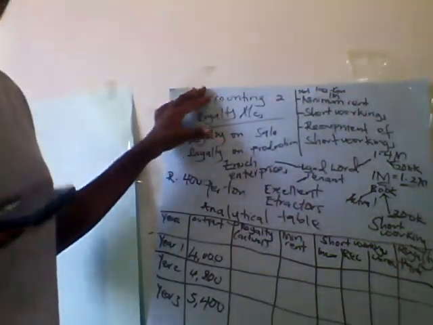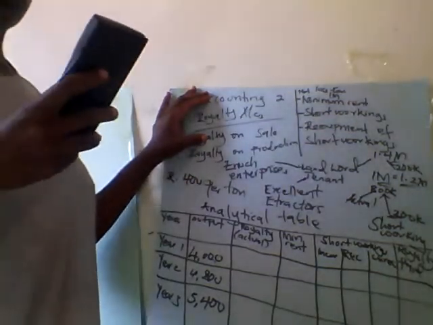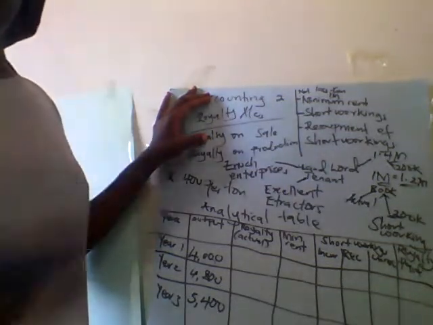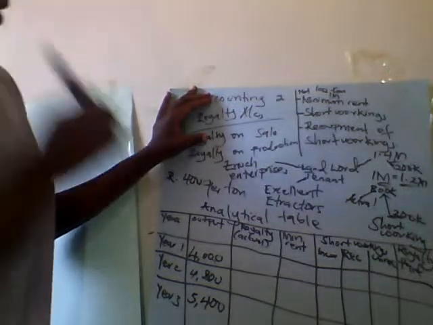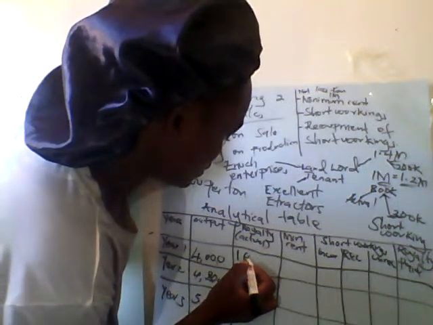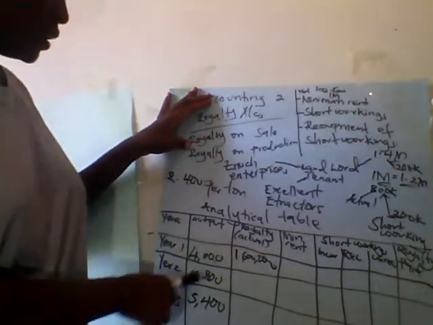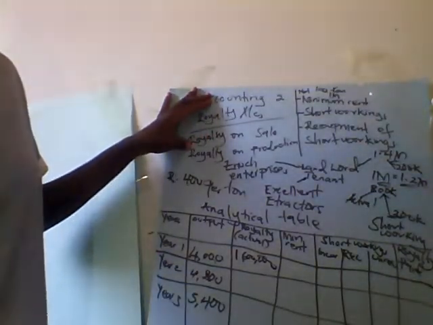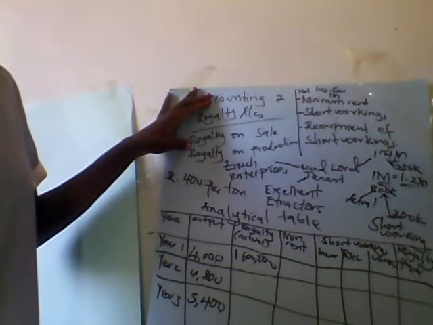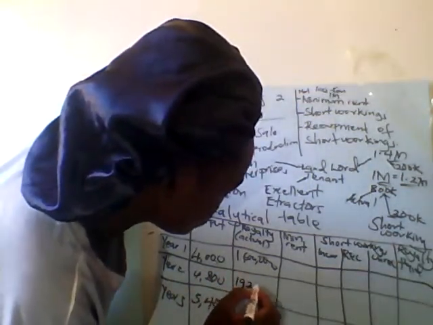So we get 4,000 times 400. It's 1.6M. Then for the next, 400 times 4, 800, 4,800 times 400 is 1.92.